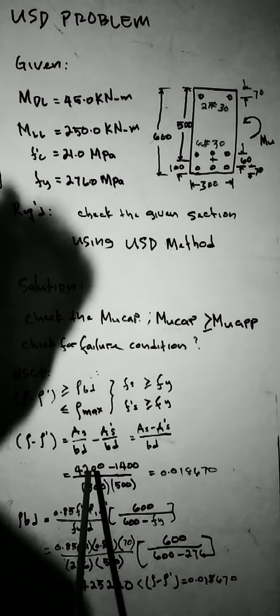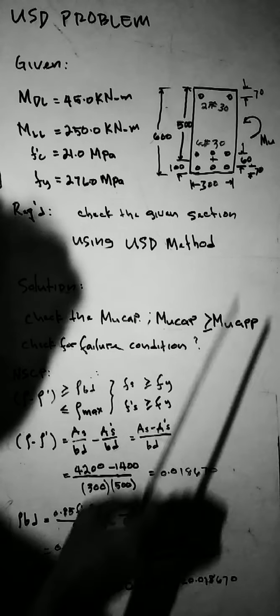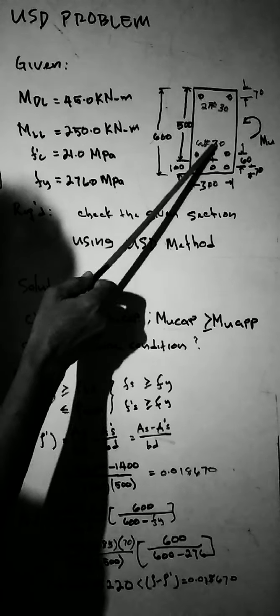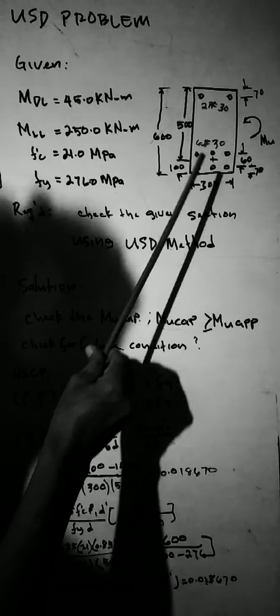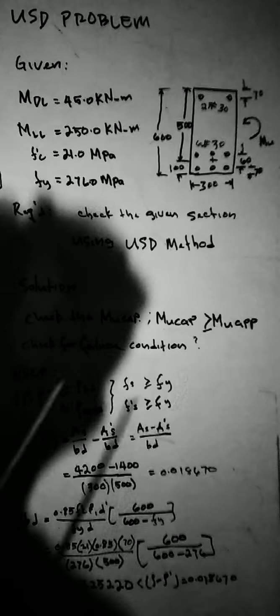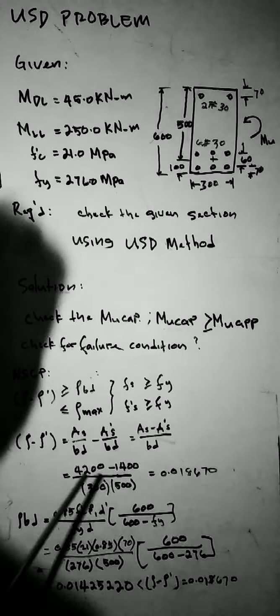As is 4200 square millimeter. The number 30 bar has a cross-sectional area of 700, and this is 6 pieces. 6 times 700 is 4200.